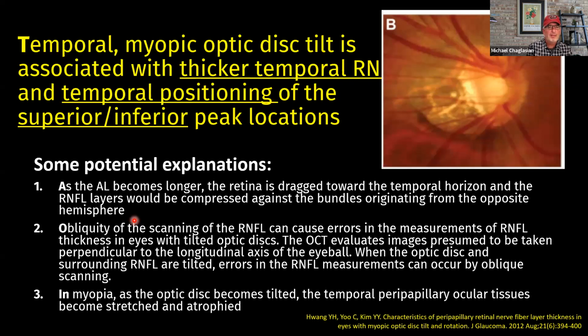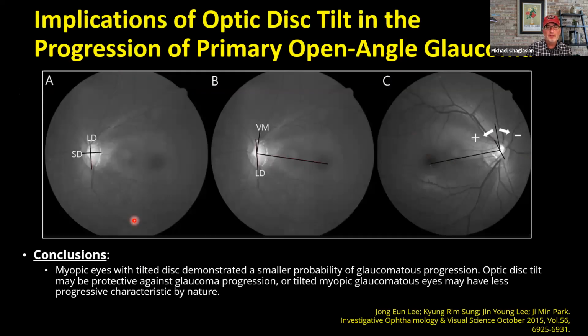I don't think in this session this evening we're going to become experts in OCT analysis on myopic tilted discs. But the take-home point is don't rely solely on your OCT, and what you may be seeing is just retinal disease and myopic disease and not really true glaucoma.